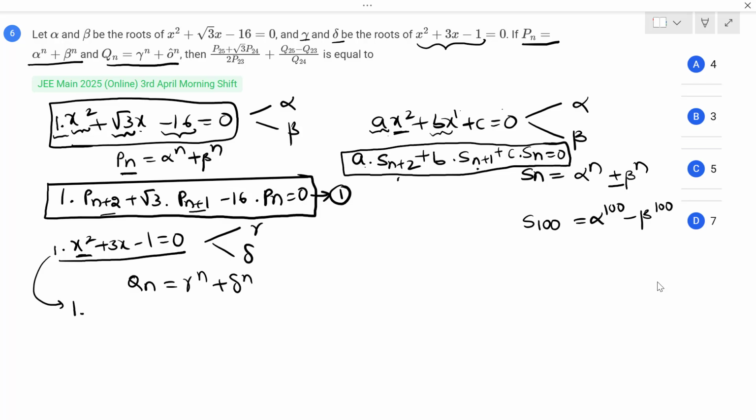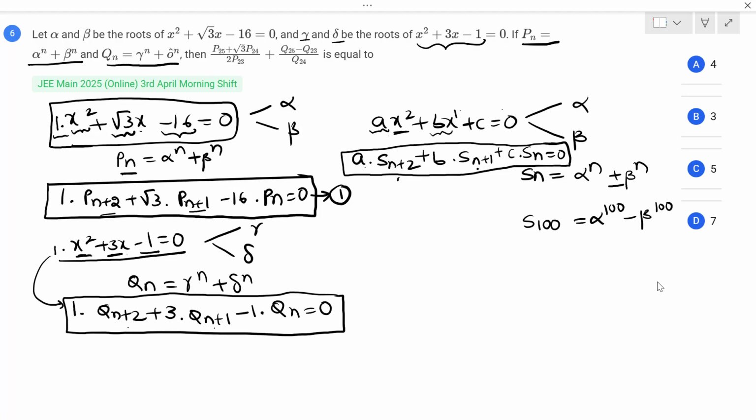Instead of x square, put Q(n+2), plus copy 3 as it is. Instead of x, put Q(n+1), minus 1 copy as it is, times Q(n). Next will be Qn is equal to 0. This is how you apply Newton's formula for the second quadratic equation. So equation 2 is also done.